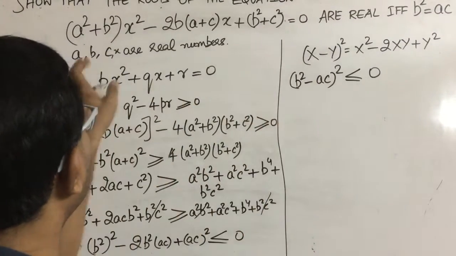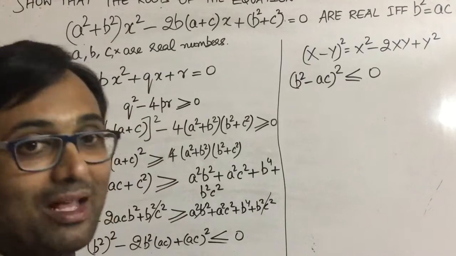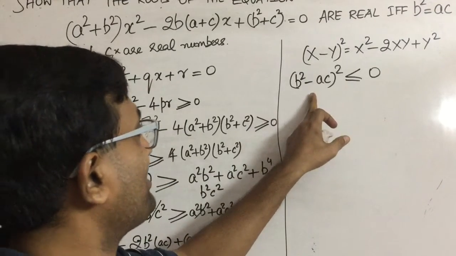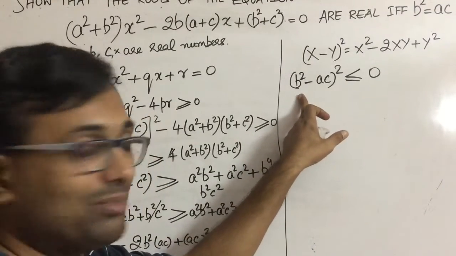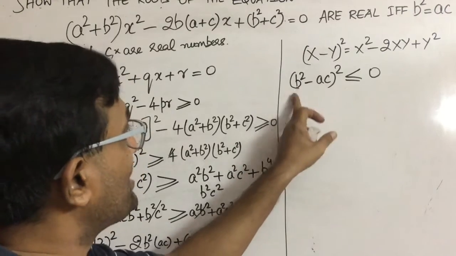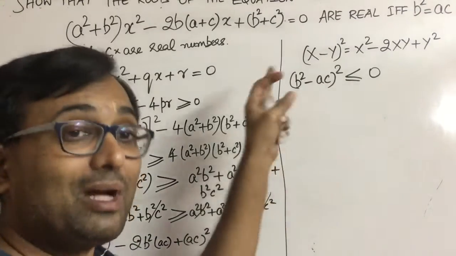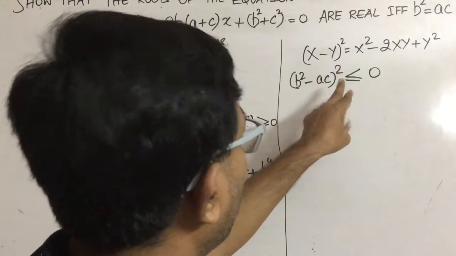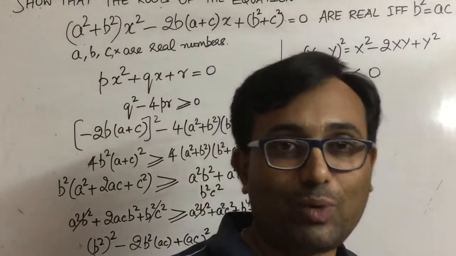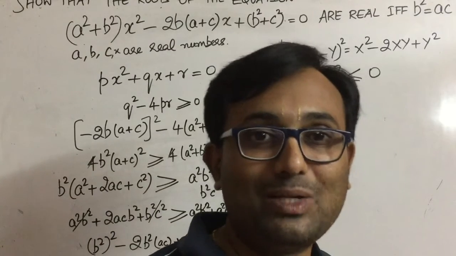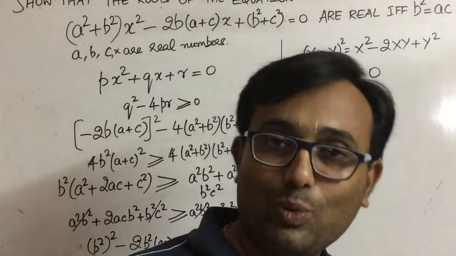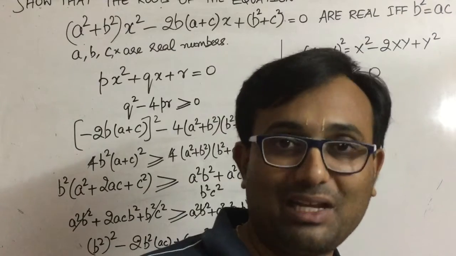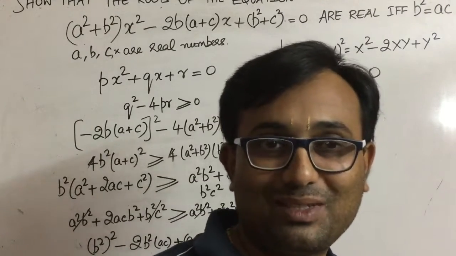Now we are given that a, b and c are real numbers. So b squared is also going to be a real number, ac is also going to be a real number, b squared minus ac is going to be a real number, and b squared minus ac the whole squared is also going to be a real number. Right? And we know from the properties of square numbers that the minimum value that the square of a real number can have is 0.